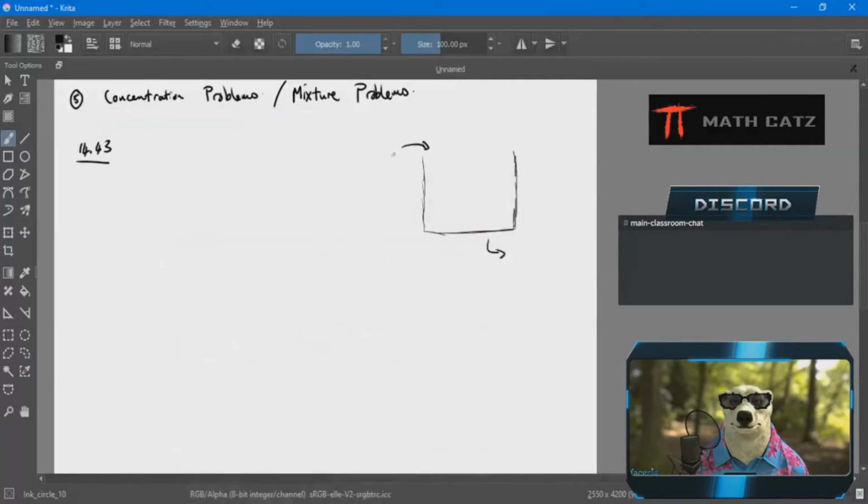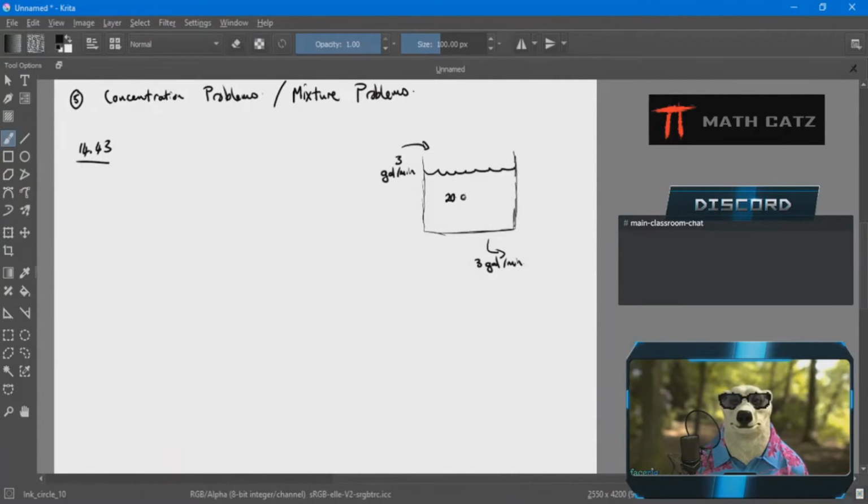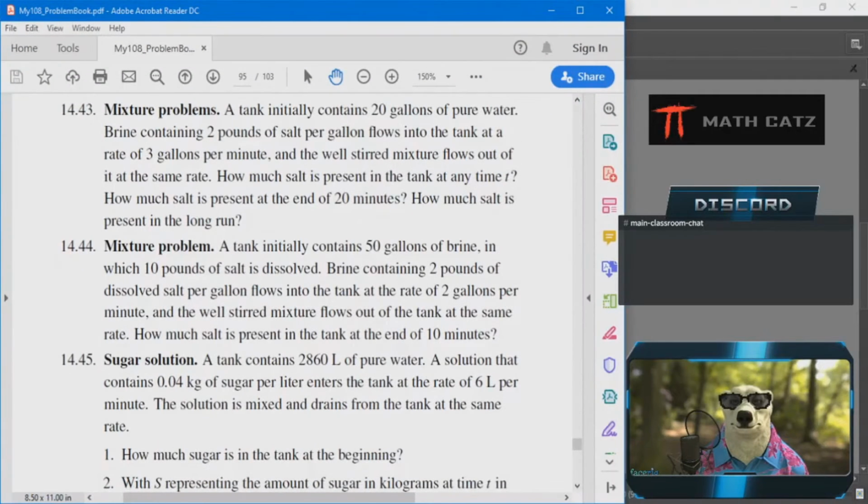So that is very handy to keep things simple. 3 gallons per minute flowing in, 3 gallons per minute flowing out. So in the tank, I stay constant at 20 gallons.